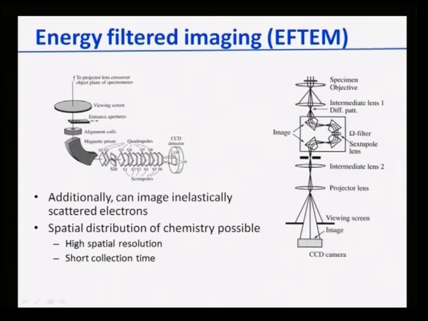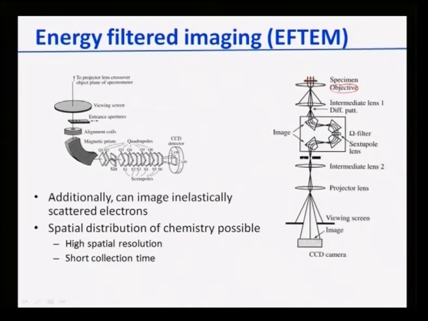So what can be done here is a change of configuration in a microscope. As you see, this is the specimen, this is the objective lens, and there are intermediate lenses, and once the electrons come out from the intermediate lens, they pass through this kind of setup which is known as a sextupole lens gamma filter. This is patented by Gatan Incorporation, USA, and it can split the inelastically scattered electrons into different energy levels.